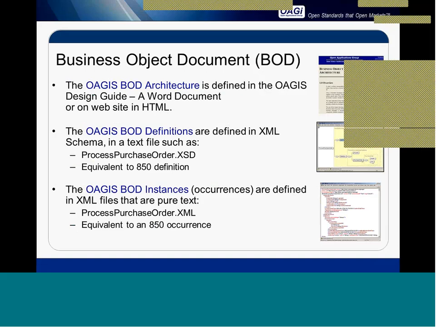Later on, I'll show you that we have a spreadsheet that's downloadable off of another portion of our website that has a cross-reference between EDIFACT and ANSI and OAG as well, and how you can access that. And then you have the instances themselves, which are actually the data contained in the message itself.